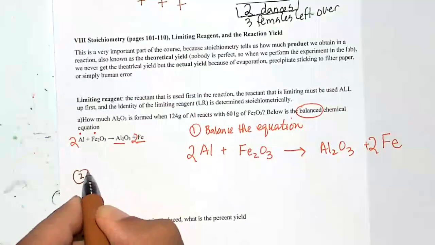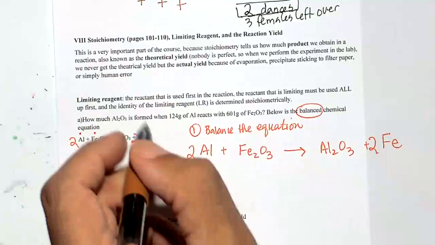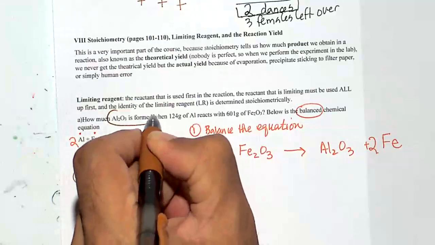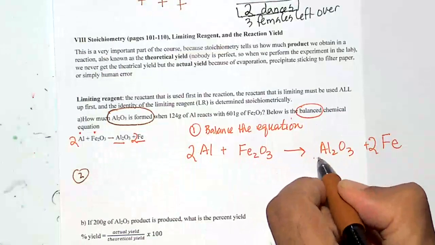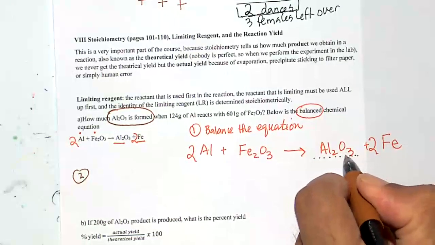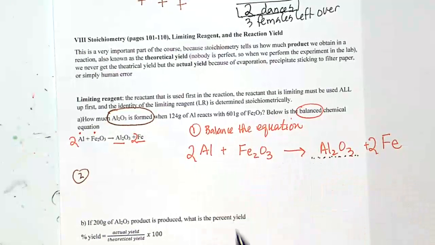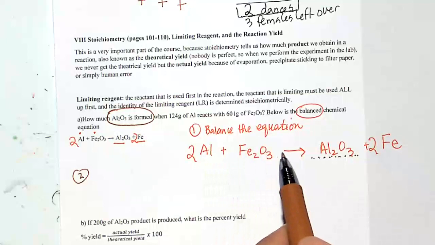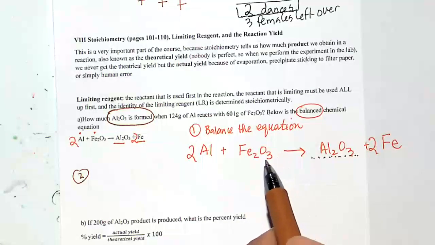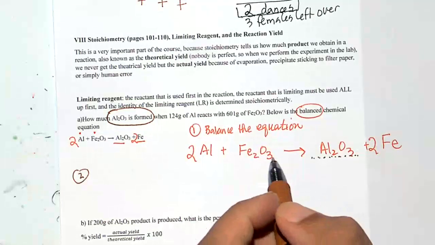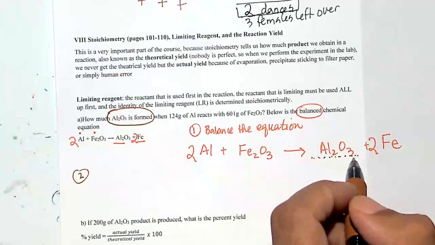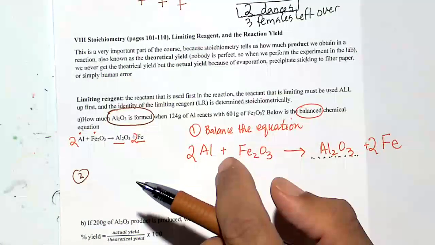The second step is to ask yourself a question. How much Al2O3 is formed? Now, Al2O3 is a product. So this reactant is going to go with this reactant. They'll react, they'll mix, and will form this product. Over time, one of these will be gone.